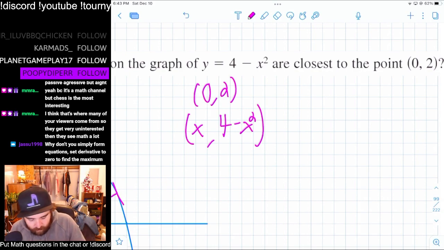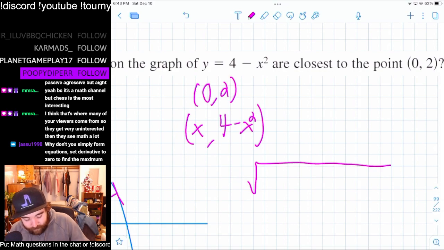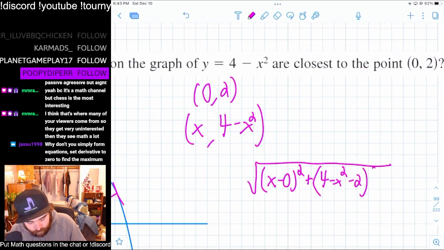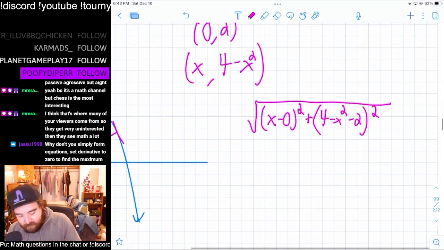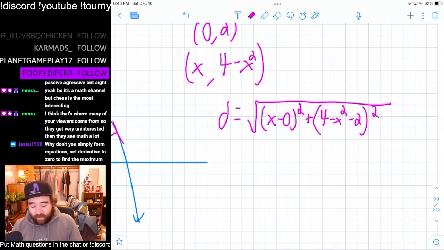And now we can write an equation for the distance. Do the square root of, because it'll already only involve x, x minus 0 squared plus 4 minus x squared minus 2 squared. That's what the distance equals.